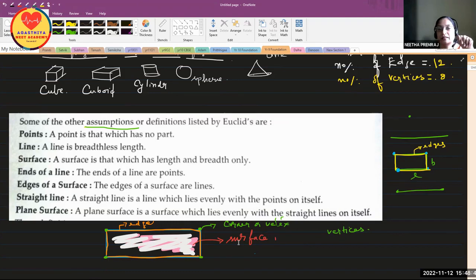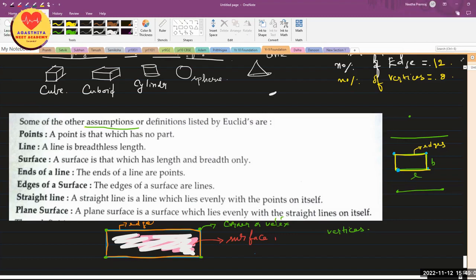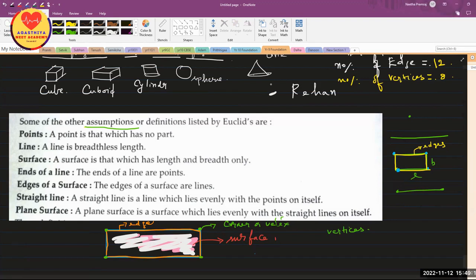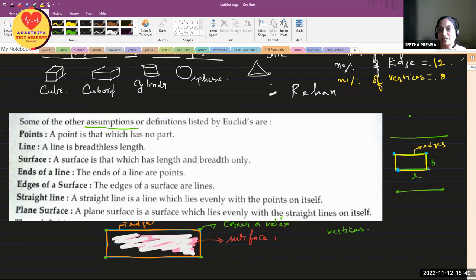My name is Mohammed Rehan, ma'am. What is the spelling? Okay, Rehan. Am I right? Yes, ma'am. Then this one, Seshatri. Who is Seshatri? I am, ma'am. Okay, your name is Seshatri.